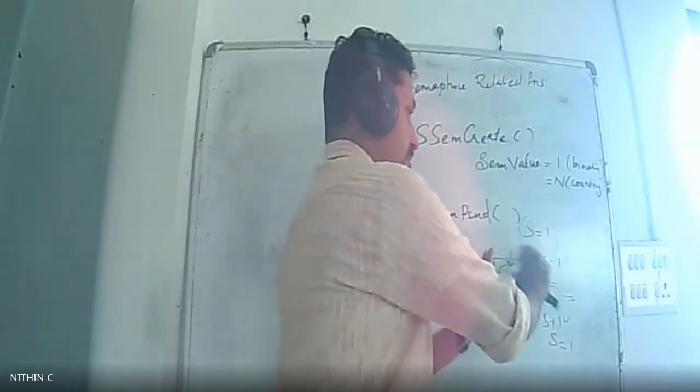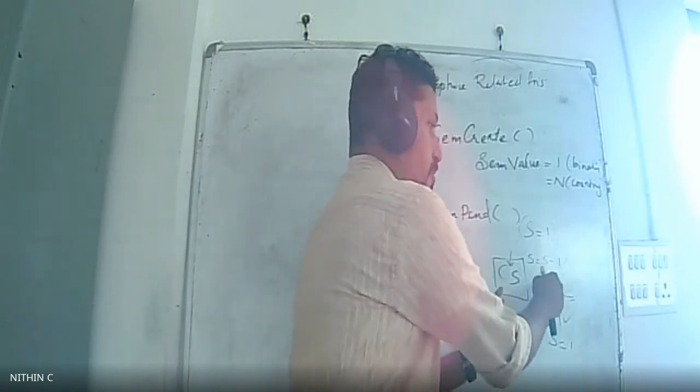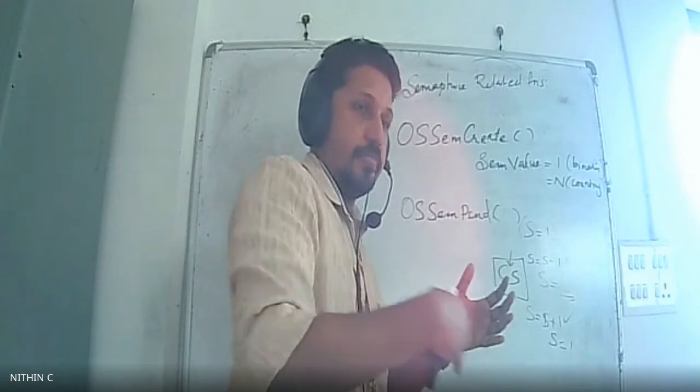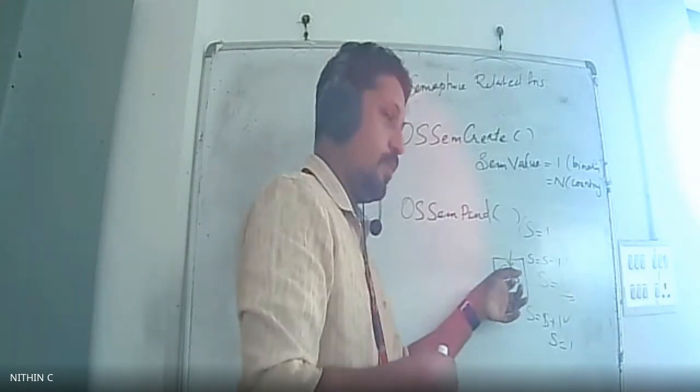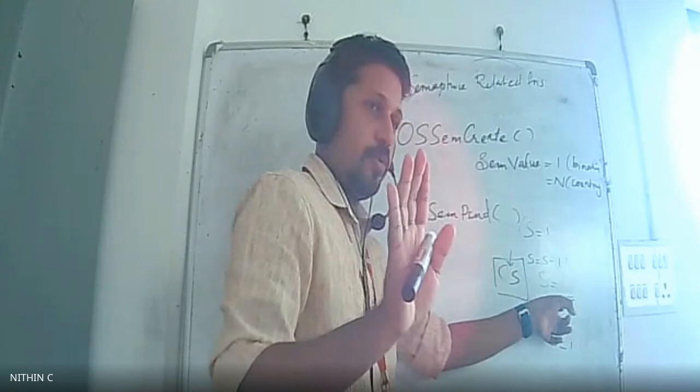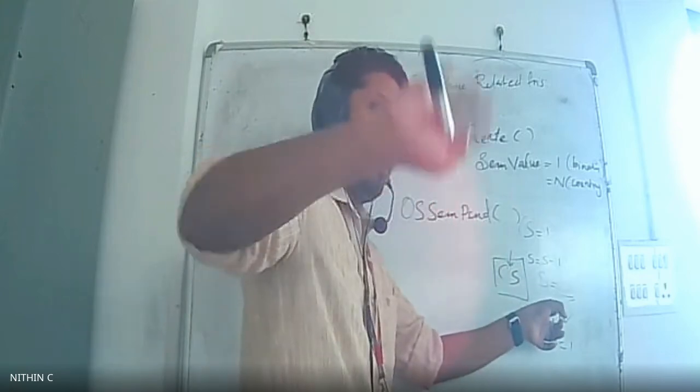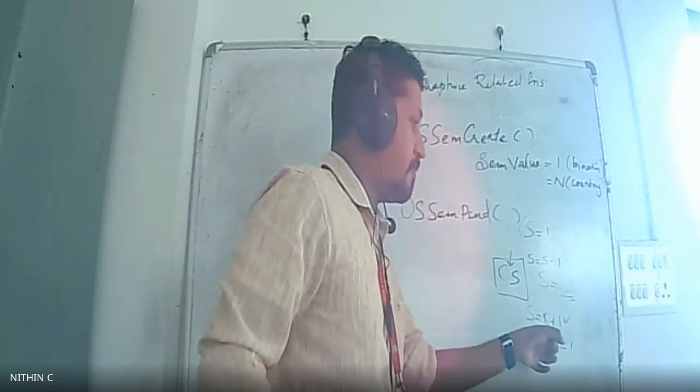Here, when the S value is equal to 0, it means that a particular process is in the running state. One process is accessing with S value 0, that you know. So what happens when it is released? When that process has been released, its value again becomes 1.